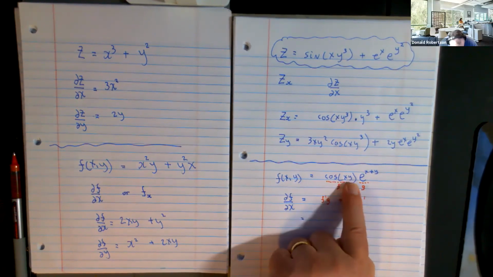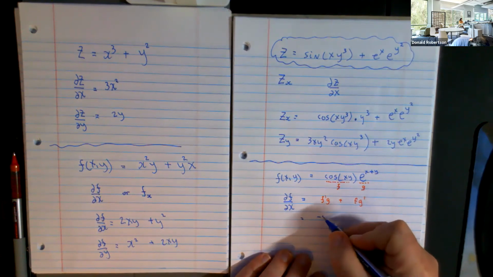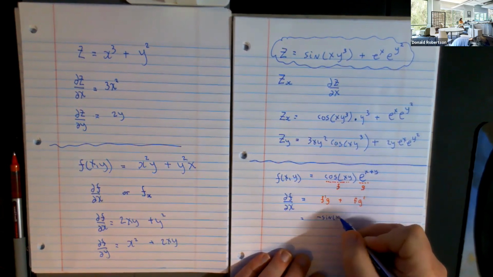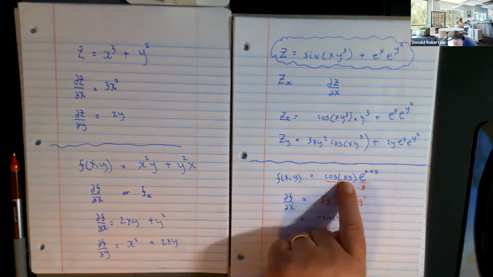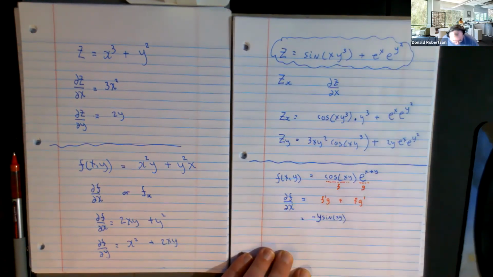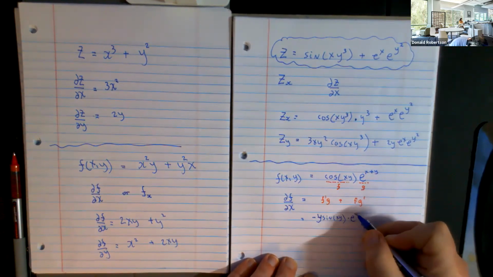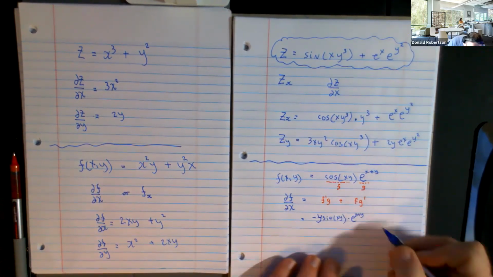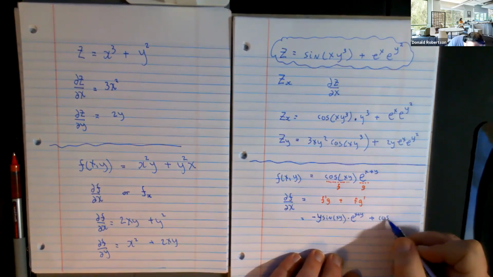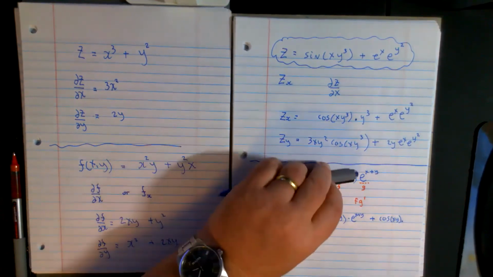If you differentiate this with respect to x, you'll get negative the sine of xy times the derivative of this with respect to x, and doesn't that get you a y? So you're looking at negative y sine of xy times, leave the second piece alone, add, leave the first piece alone, and now we've got that guy.